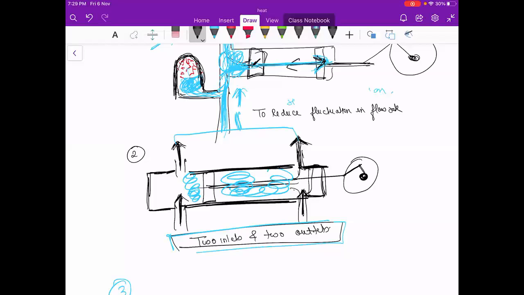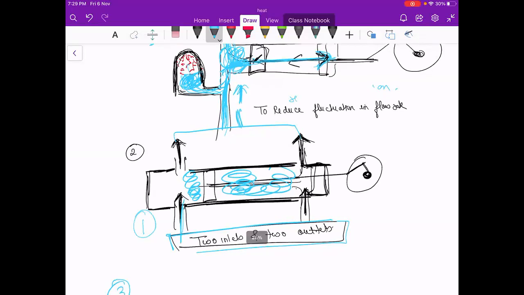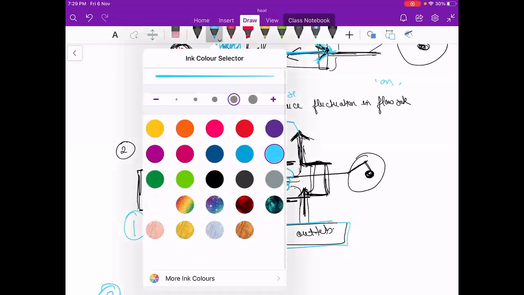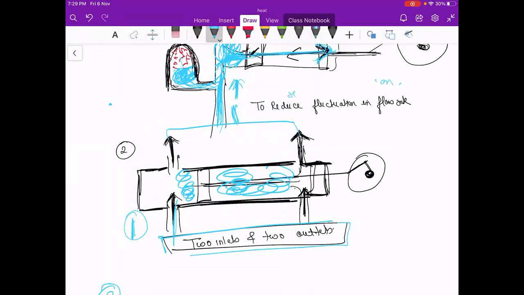Now see, two inlet, two outlet. So what will happen in the two inlet and two outlet? First the liquid will enter from here. Suppose this is one and this is the second inlet. Initially the fluid will enter from the first inlet, so the piston will go and it will go from the first inlet. The moment the piston is near the first one, the second will fill the container with the liquid.